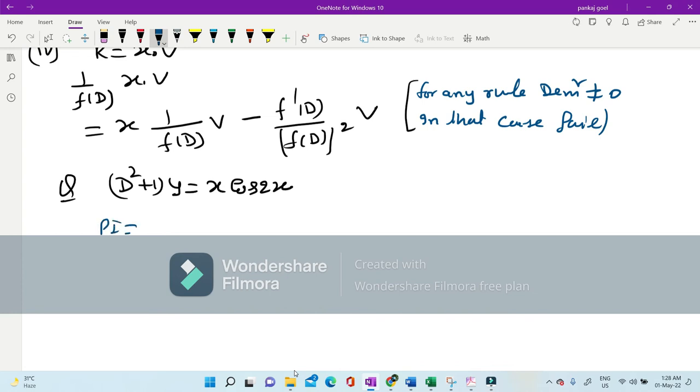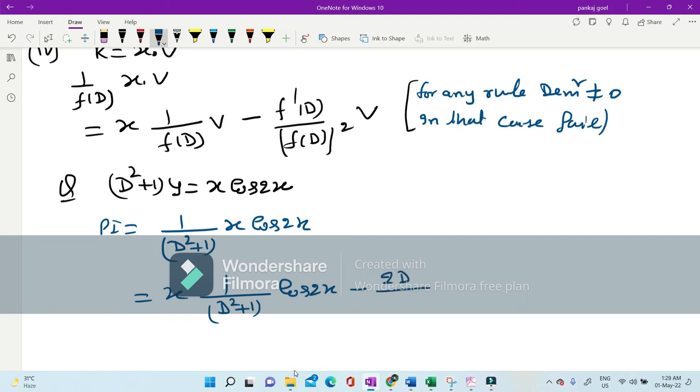We can write this PI equal to 1 upon D square plus 1, and this x cosine of 2x. Apply this rule, x times 1 upon D square plus 1 cosine of 2x minus the differentiation of D square plus 1, that is equal to 2D upon the denominator squared, D square plus 1 whole square, cosine of 2x.